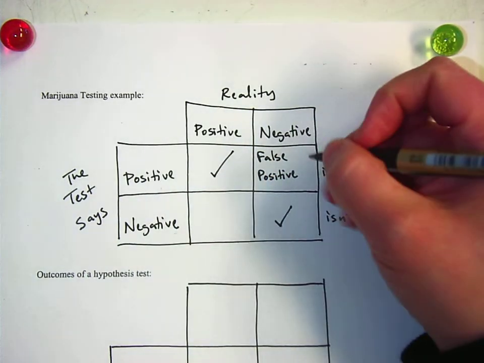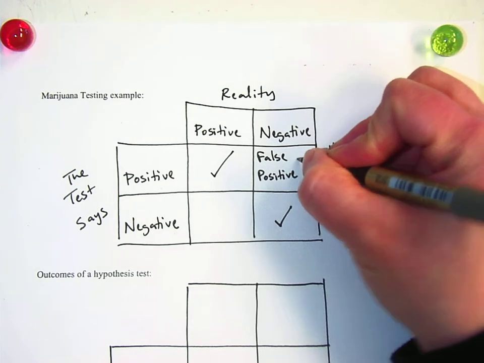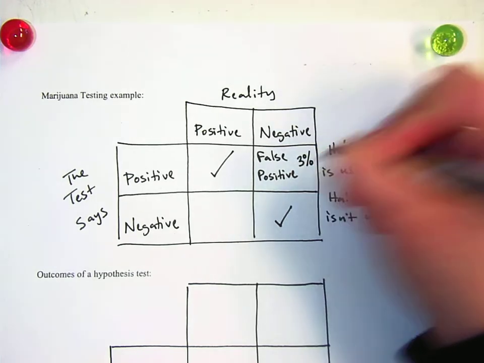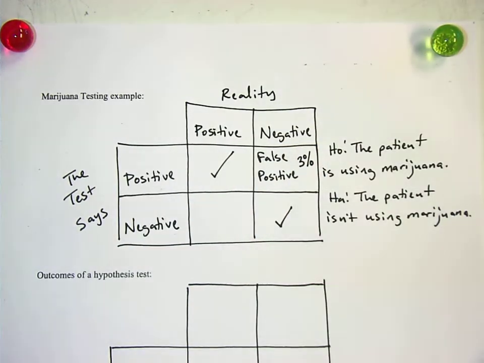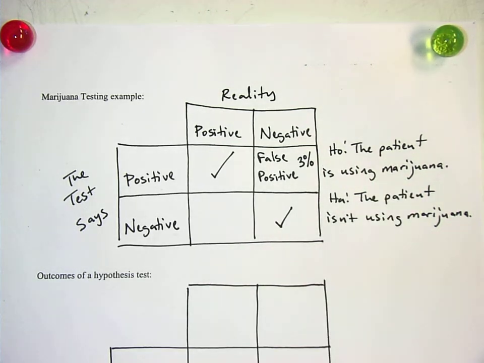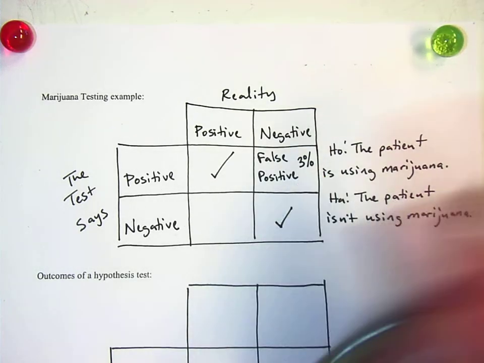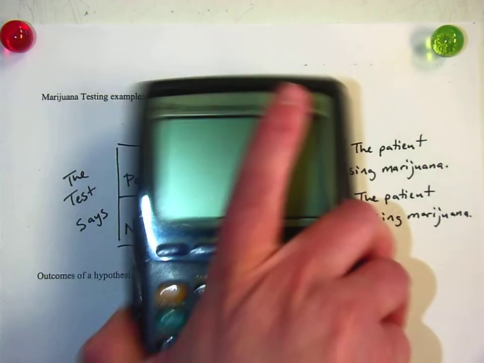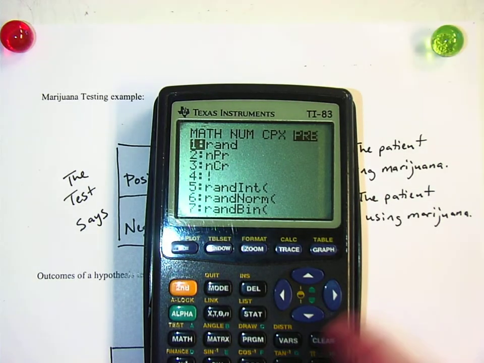By the way, the rate of getting a false positive when you are taking a drug test is about 3%, at least for marijuana. So there's a 3% chance that if you do not use marijuana and you take a test, that you could still test positive. But the nice news about that is that the chances of you getting 2 false positives in a row are very low.